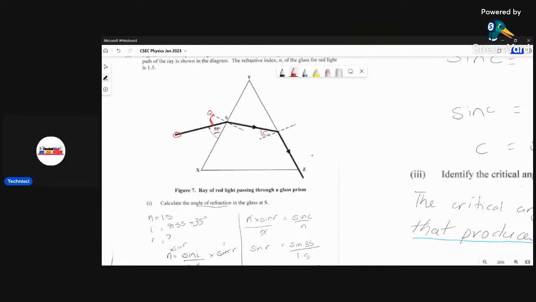This is C. But I want you to remember, the critical angle rather, is an angle of incidence. The 90-degree angle that is produced is not the critical angle. That is a normal angle of refraction. Critical angle is an angle of incidence that produces an angle of refraction of 90 degrees.